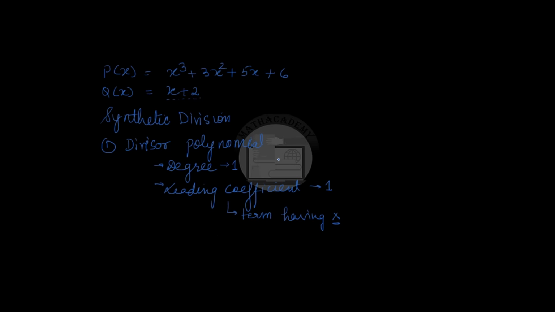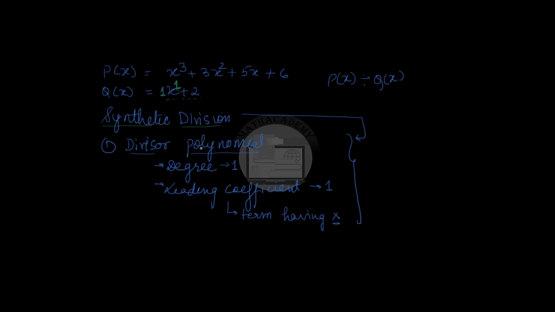Okay, so if this condition of the divisor polynomial is satisfied, then only we can perform the synthetic division. So if we have to divide the polynomial p(x) by another polynomial q(x), in this case x plus 2, we see that the degree of q(x) is 1, that's the highest power of the variable, and the leading coefficient, which is the coefficient of x, is also 1.